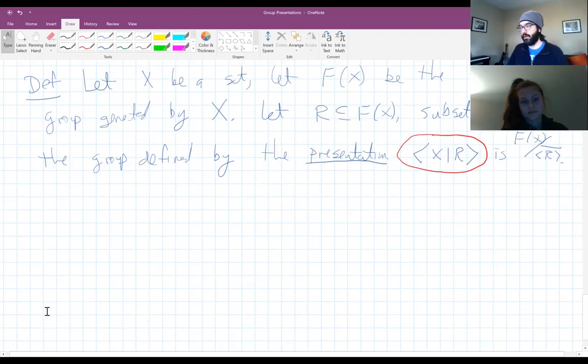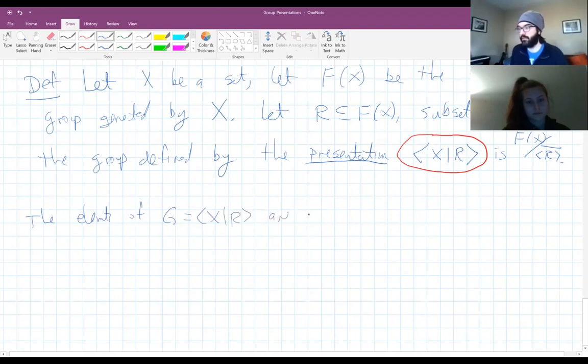Now, the elements of G equals ⟨X | R⟩. Well, these are cosets because this is a factor group.